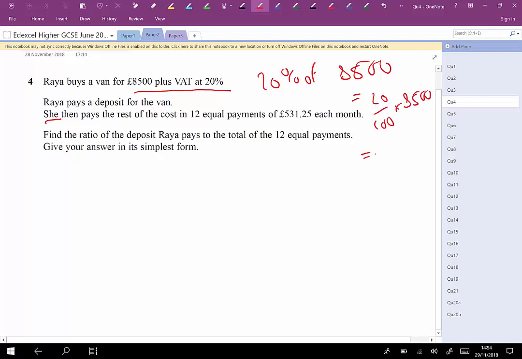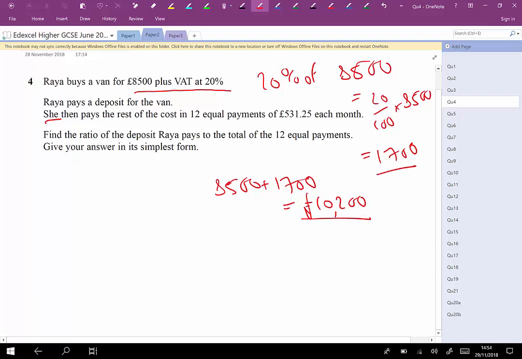That is 8,500 times 0.2, which is 1,700. That's the VAT. So 8,500 plus 1,700 gives us 10,200. That's how much she paid for the van in total.